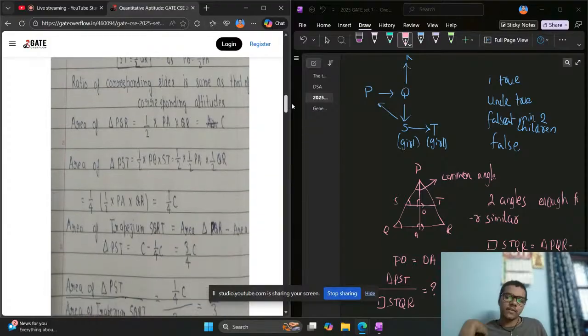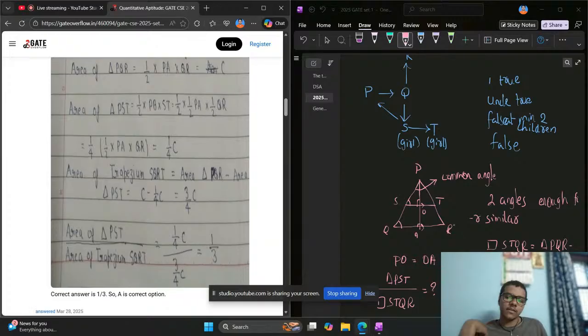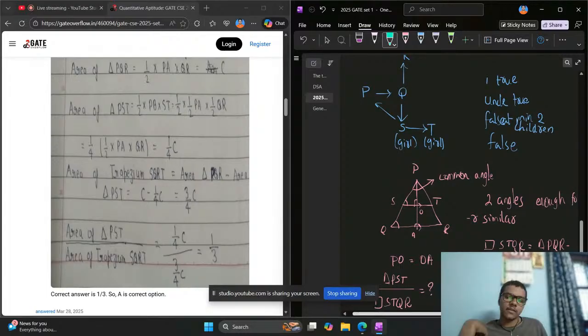And now we have only one formula for area of triangle. That is Heron's formula, but that is out of context right now. Half into the base. The base is ST, and what is the height? Height is PO. And what is the bigger triangle? Base is QR, and the height is PA.